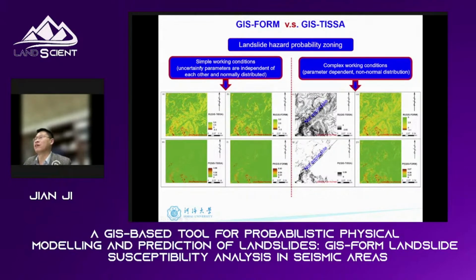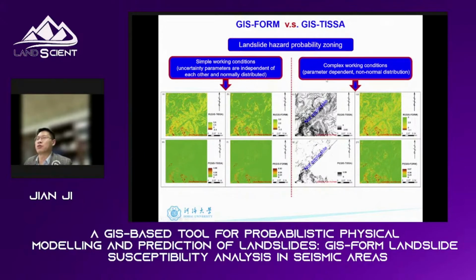For the simple working condition, where the soil properties are uncertain but independent of each other and simply follow the normal distribution, the comparison between our method and the literature agrees very well. So it proves our method is fundamentally correct and acceptable.